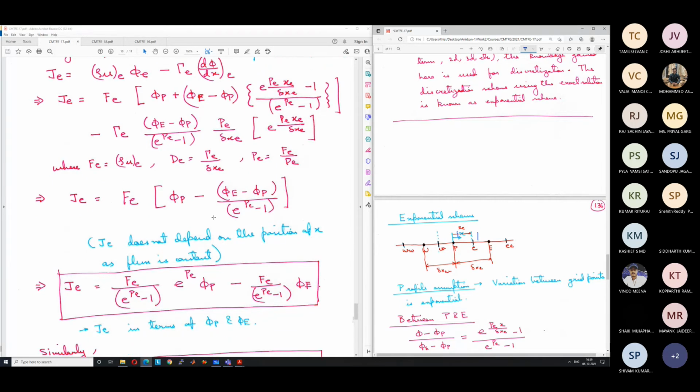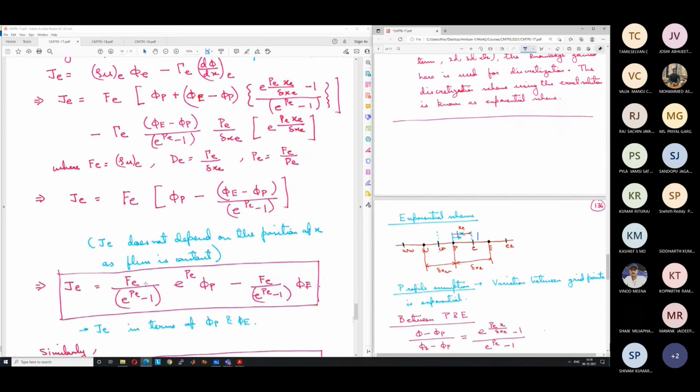If you separate this in terms of the coefficients of phi P and phi E, all the terms of phi P we can put together. So one term is Fe phi P, and the second term is minus Fe by e to the power P minus 1. So we can write e to the power P minus 1 as common, into... so what will happen?